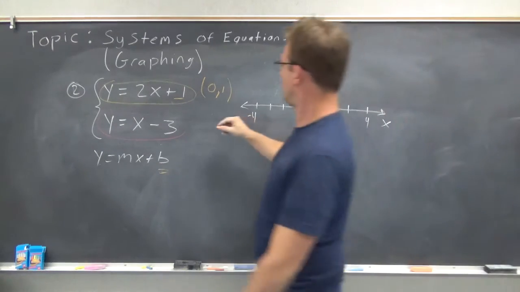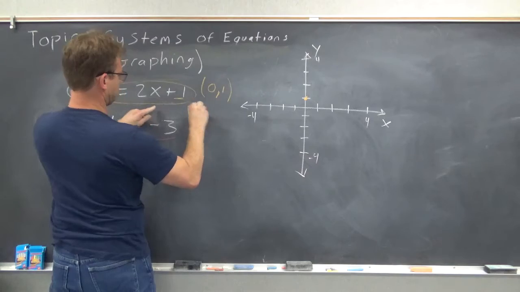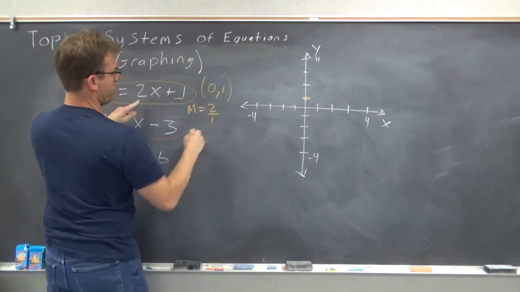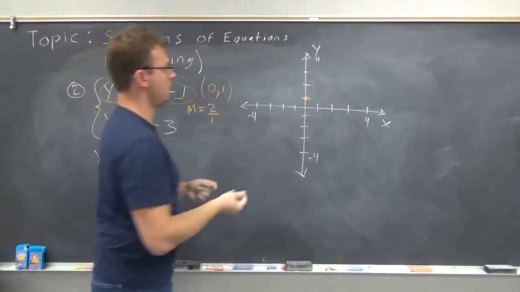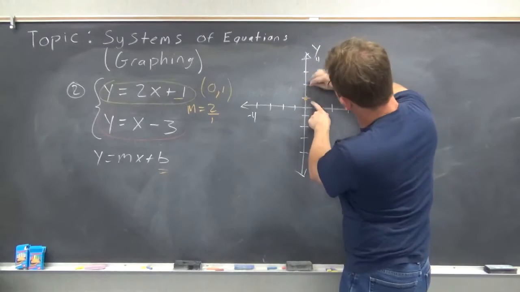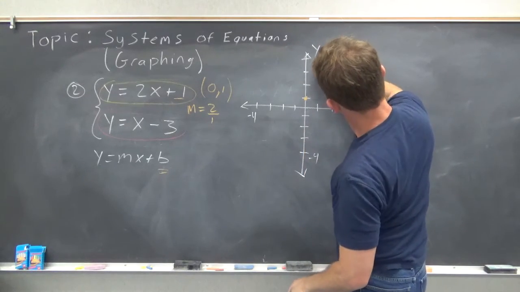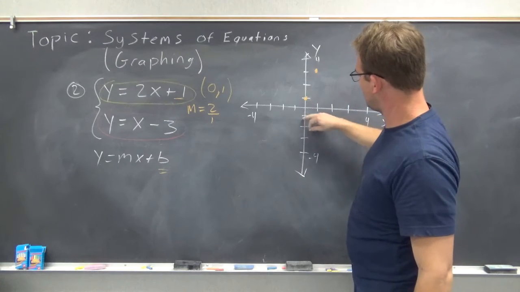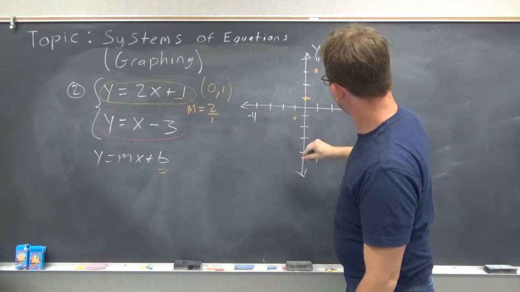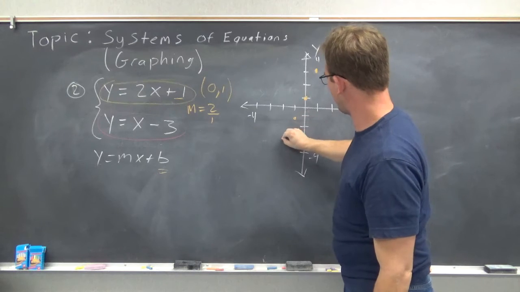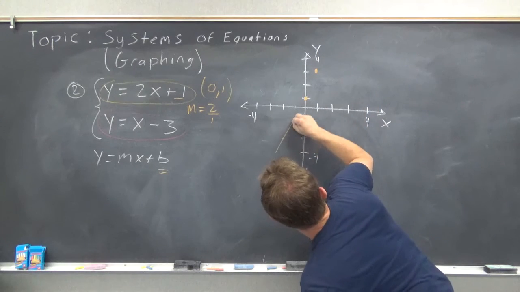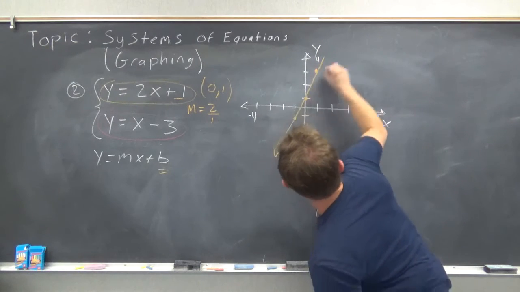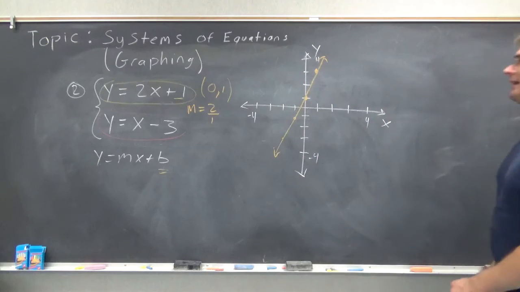What's the slope? 2 over 1. So we're going to go up 2, over 1. Also go down, 2 over 1. And if you want to, do it again to make a consistency. Do a graph like that.